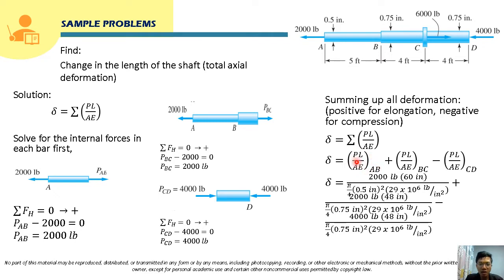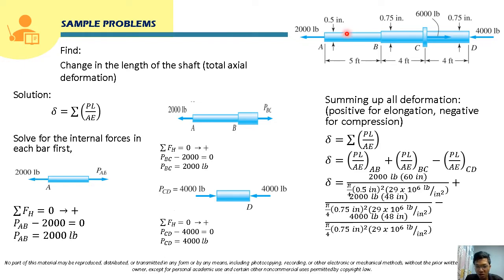The internal normal force here, which is P, is 2,000 pounds, and then its length. The length of AB is actually 5 feet. But since we have to be consistent with our units, we are going to convert feet to inches.